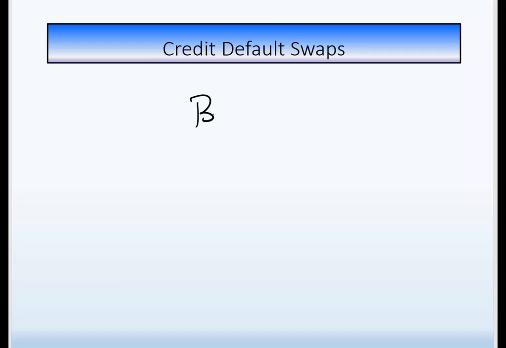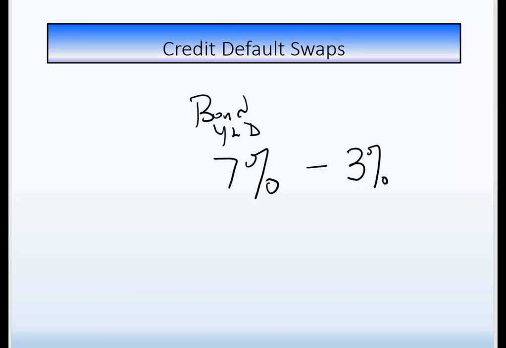So you have a bond yield that's fairly high, let's say 7%. And then if you buy a credit default swap, you're paying a spread or insurance premium. And so that's going to reduce your return. Let's say it reduces your return by 3%, because that's the spread.